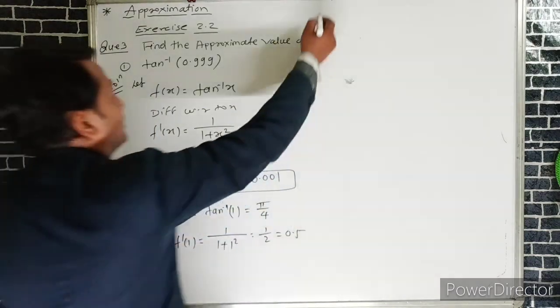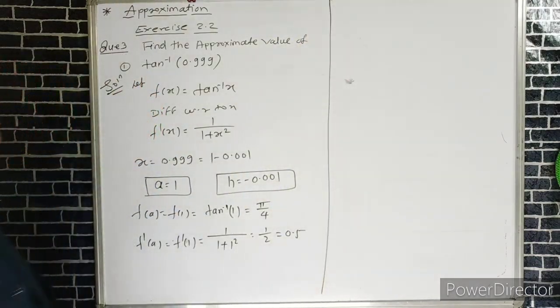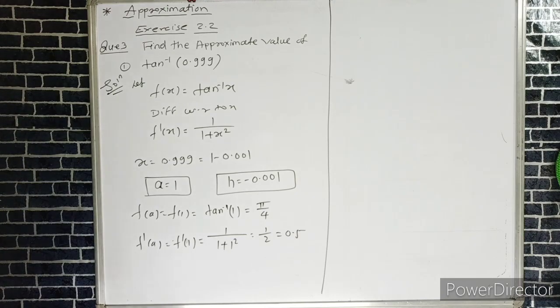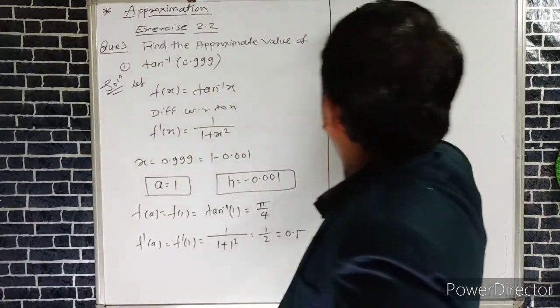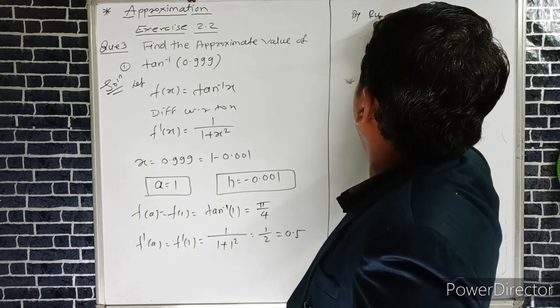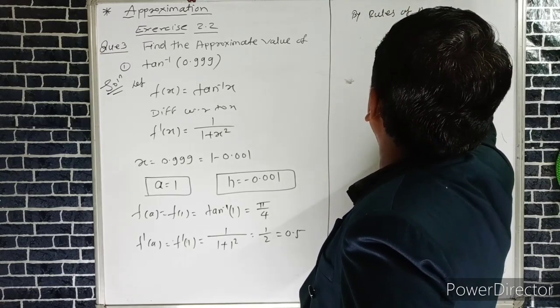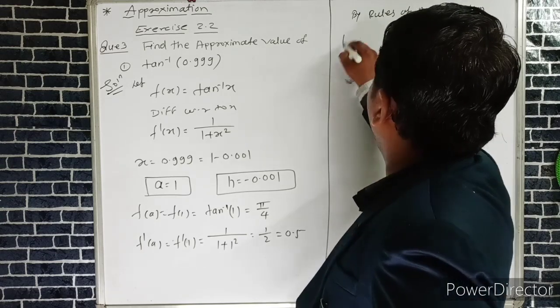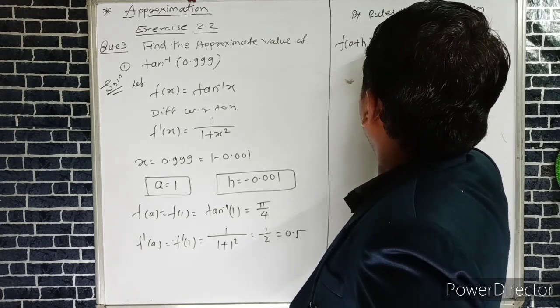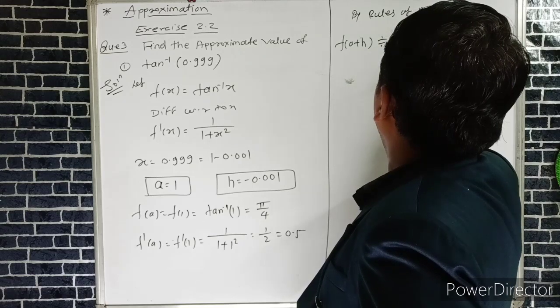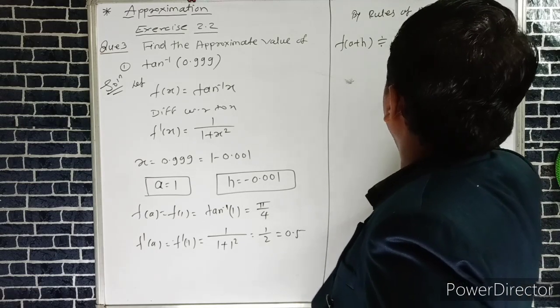To find the value of tan inverse of 0.999, by the rules of approximation, f of a plus h is approximately f of a plus h into f dash of a.